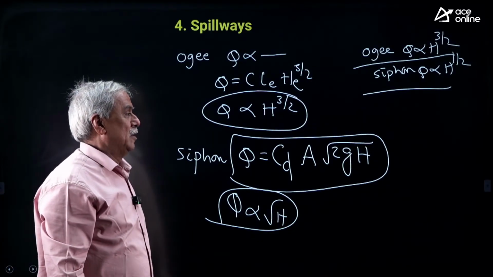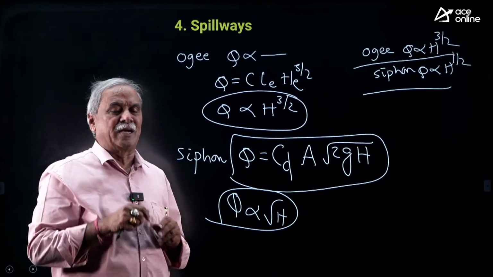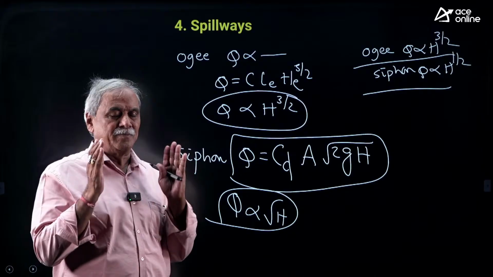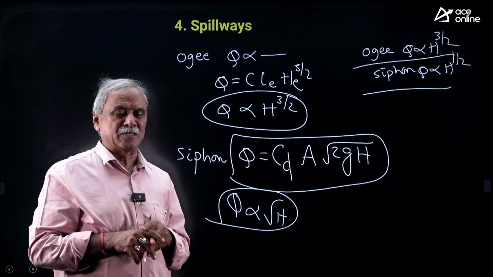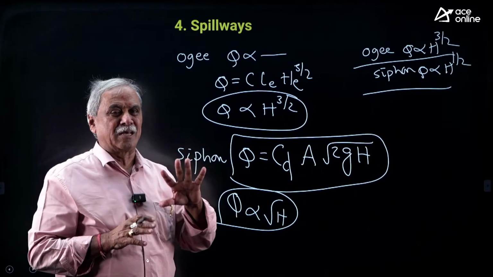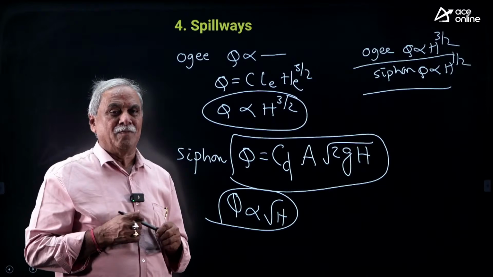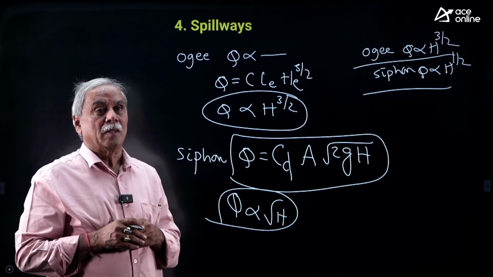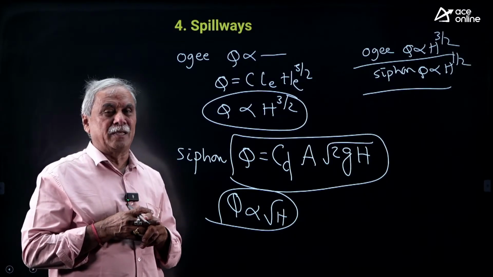Based on the downstream side of the spillway, we have to provide the protection works. 5 types of protection works are needed, but generally in the ISRO, so far the questions are not given in that. Type 1, type 2, type 3, type 4. There are 2 lines available based on the hydraulic jump.